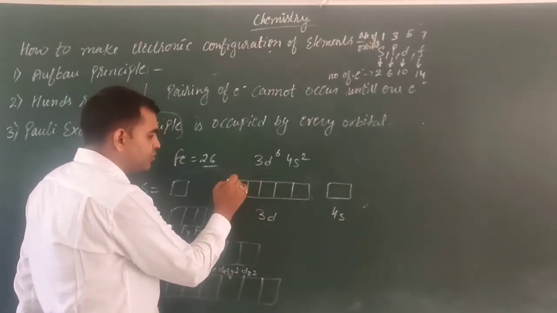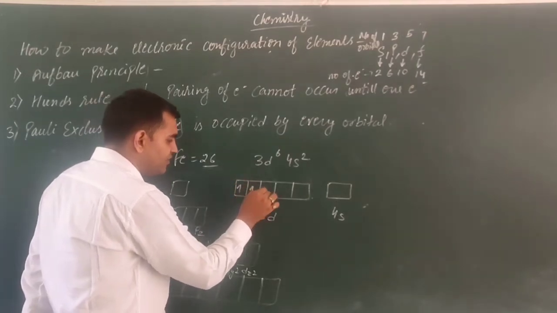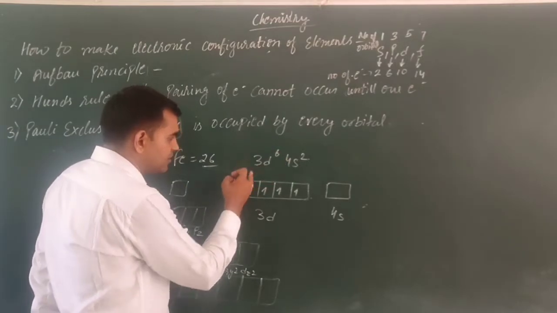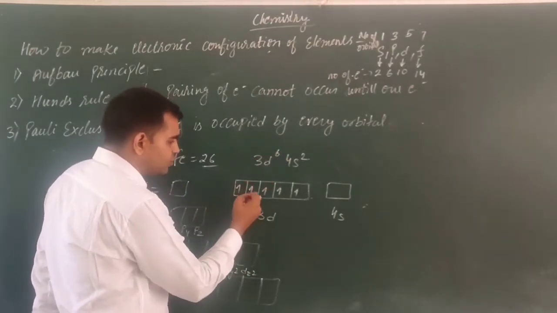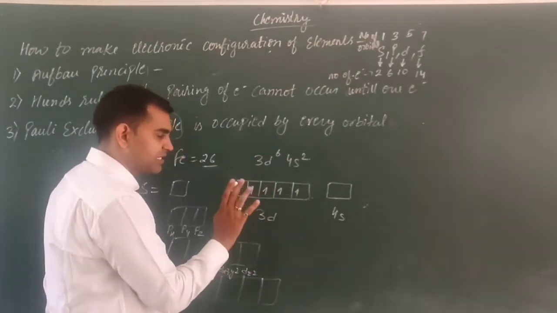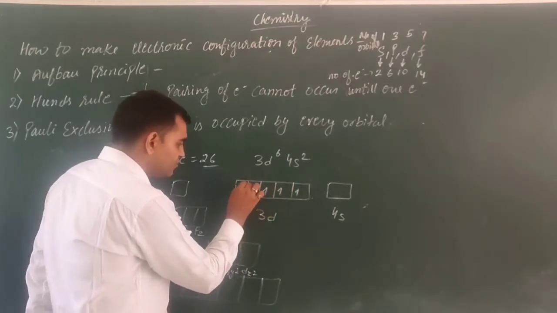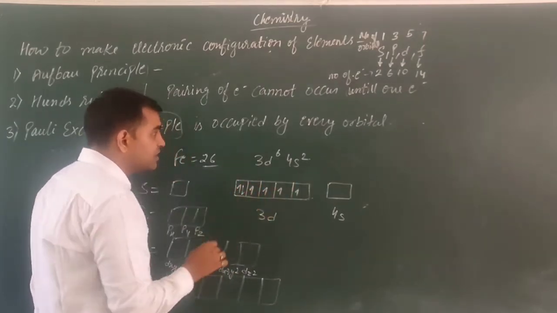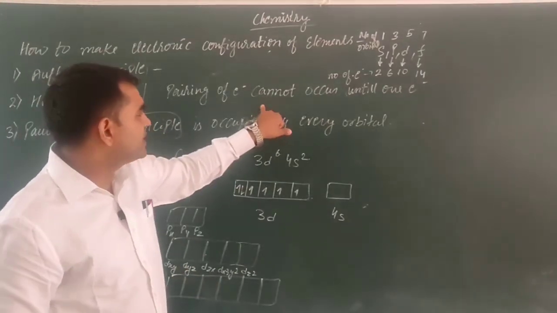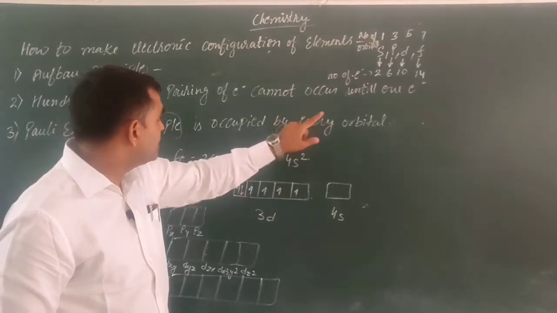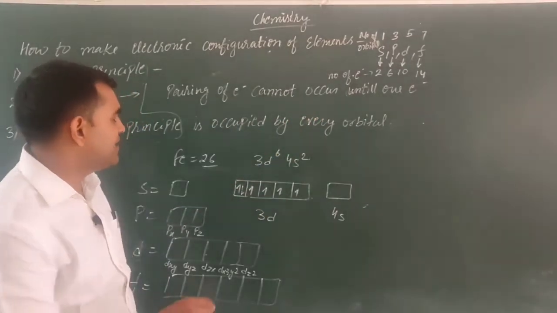So according to Hund's rule, firstly we have to fill 1 electron in each orbital, because there are 6 electrons in the d. So 1 2 3 4 5 electrons are filled, only 1 is left, and we have to pair this 1 in the first, because they are saying that pairing of electrons cannot occur until 1 electron is occupied by every orbital.